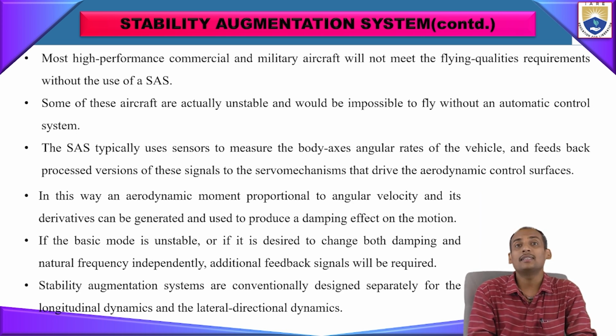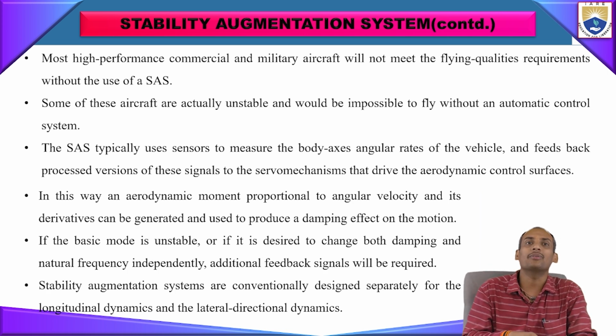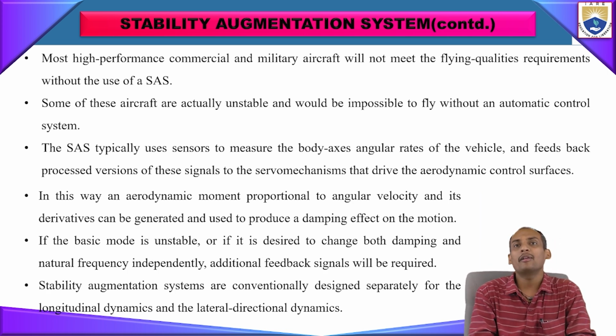So this SAS typically uses sensors to measure the body axis angular rates of the vehicle, and feeds back processed versions of these signals to the servo mechanisms, which drive the aerodynamic control surfaces. Servo mechanisms give the input to those control systems. In this way, aerodynamic movement proportional to the angular velocity and its derivatives can be generated, and these are used for producing the damping effect of the motion.